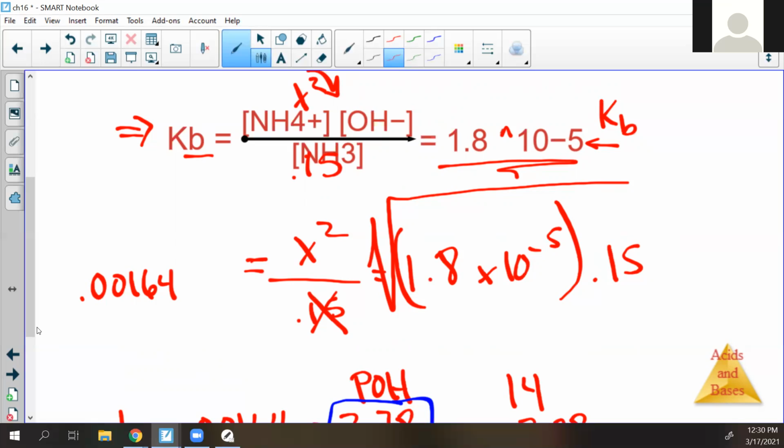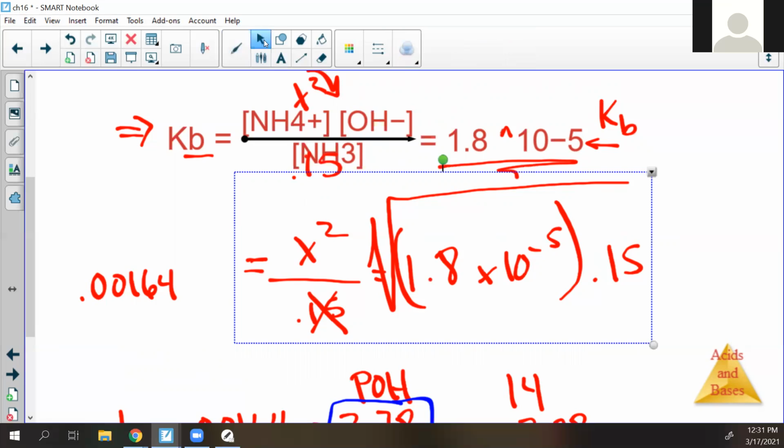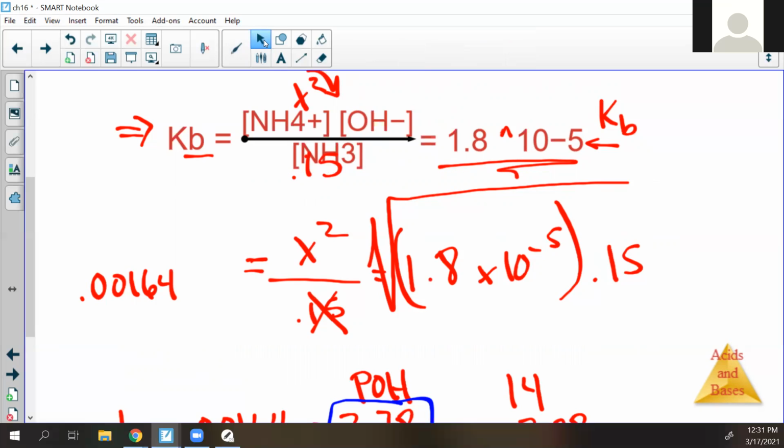So you can see it written here. We had 0.15 on the bottom. So we multiply both sides by 0.15, and then we take the square root of it.